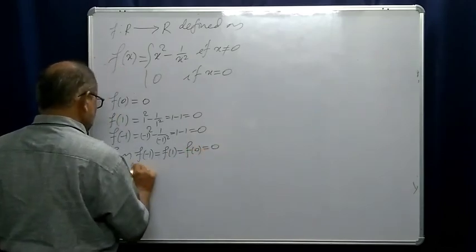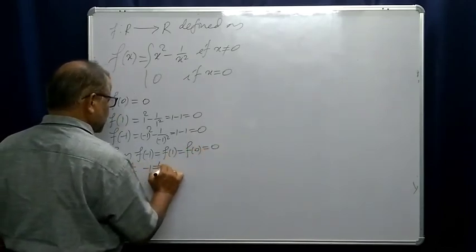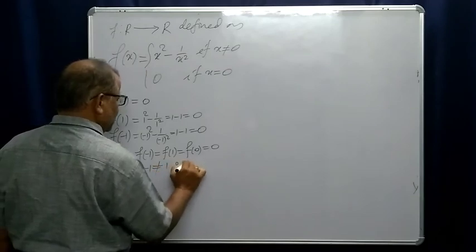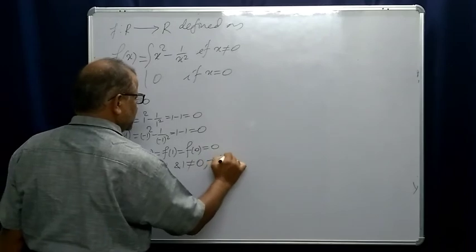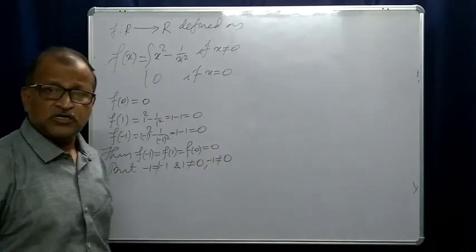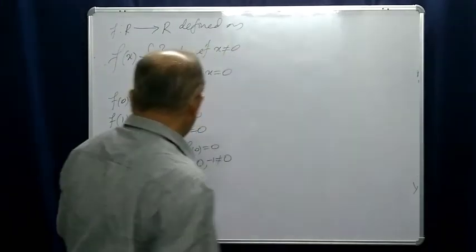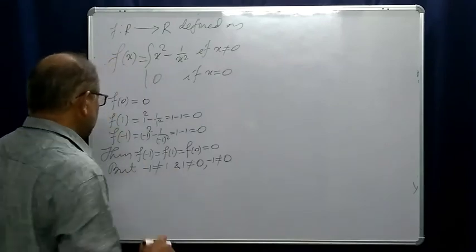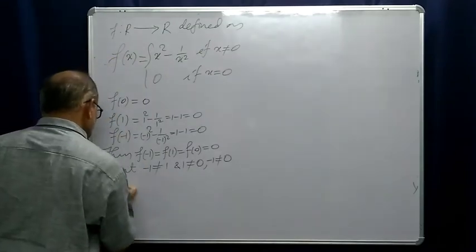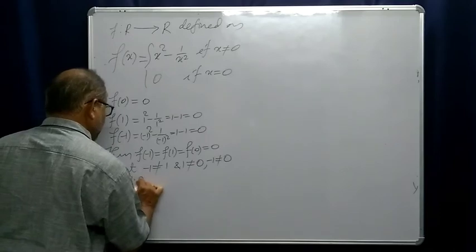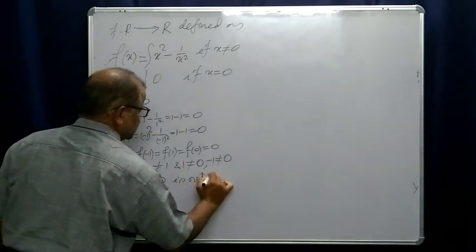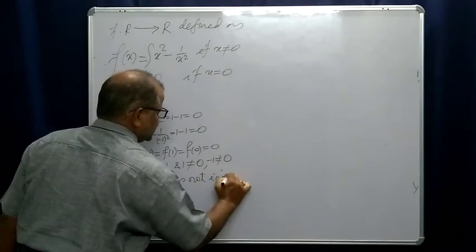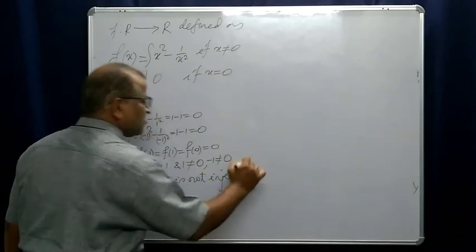But minus 1 is completely different from 1, and 1 is completely different from 0. Minus 1 is also completely different from 0. These are not equal. So these are different elements. Hence, f from R to R is not injective. It is not one-one.